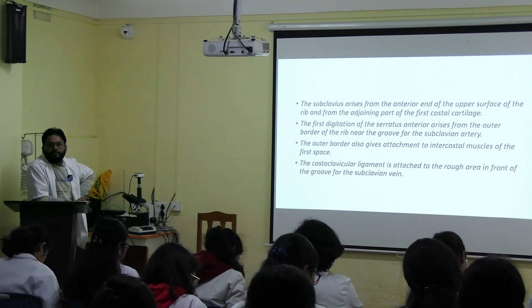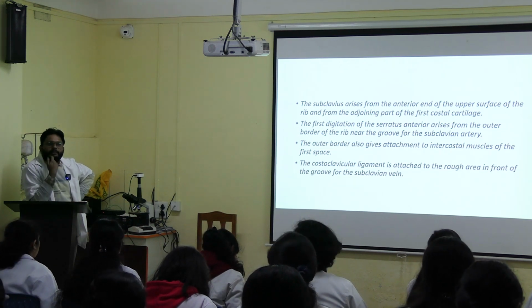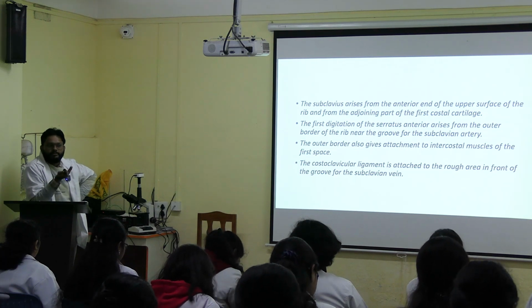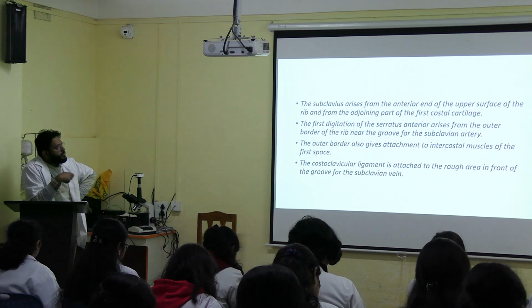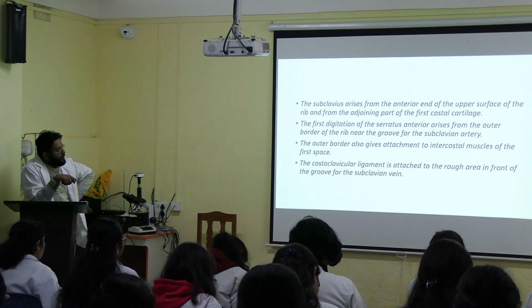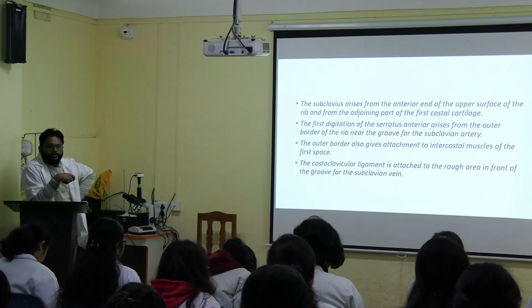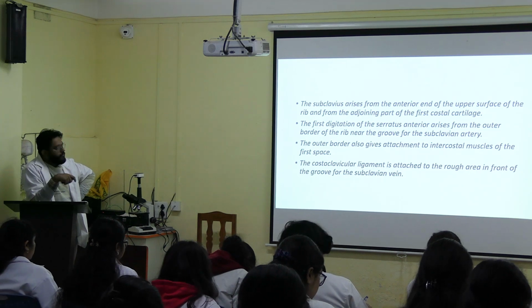Subclavius, where is it present? Anterior or posterior area? Anterior region. Superior surface or inferior surface? Superior surface. See, the subclavius arises from the anterior end of the upper surface of the rib and from the adjoining part of the first costal cartilage. Obviously, the first costal cartilage attaches along with it.